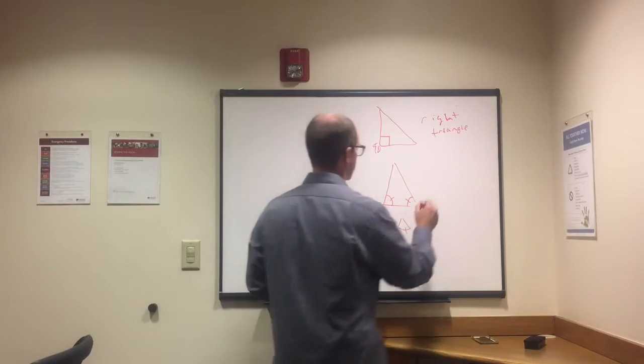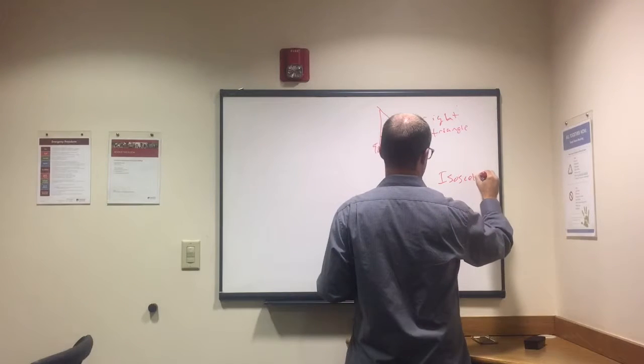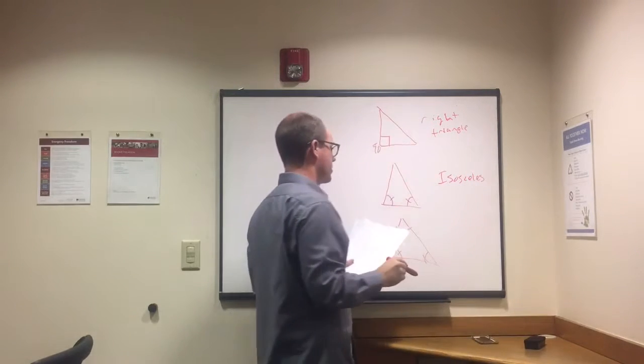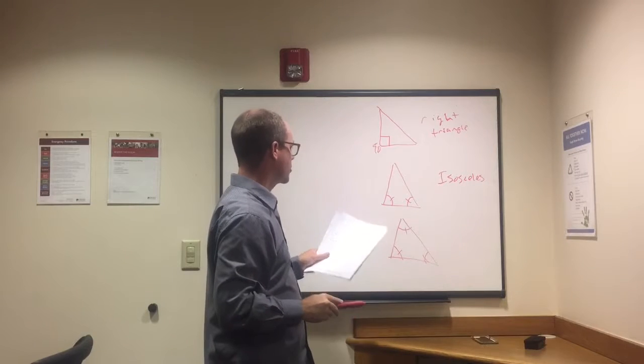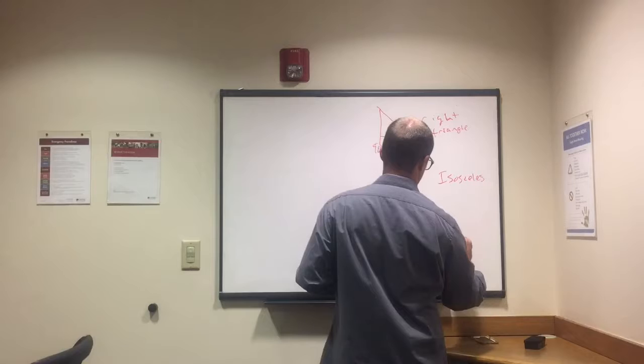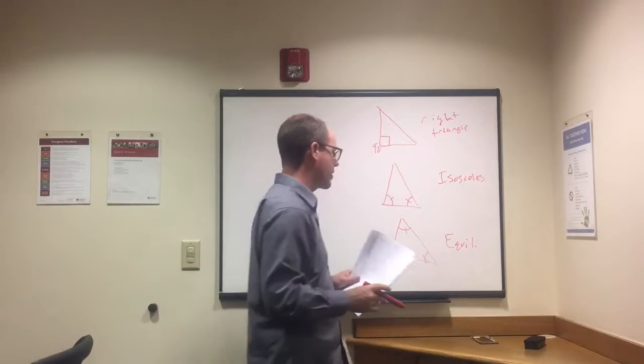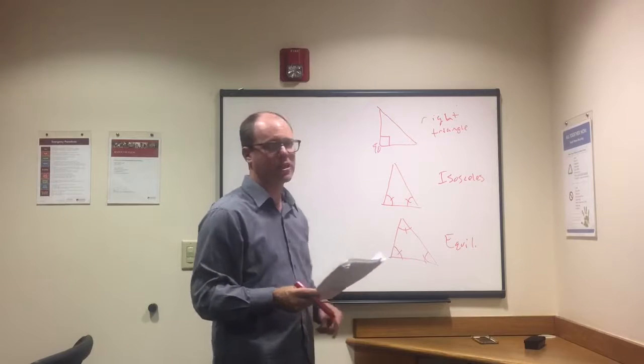Okay, this one is called isosceles. Isosceles triangle means two equal sides, right? And this last one down here is called equilateral. Three equal sides.